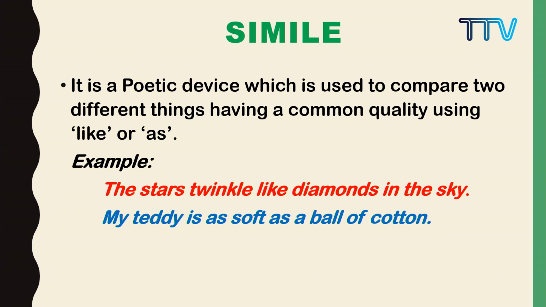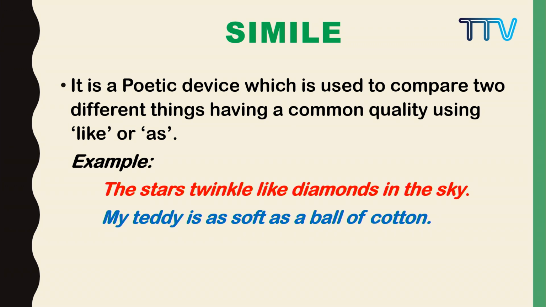A poet can use simile in a poem by using like or as. In the first example, the stars twinkle like diamonds in the sky. And in the second example, my teddy is as soft as a ball of cotton.